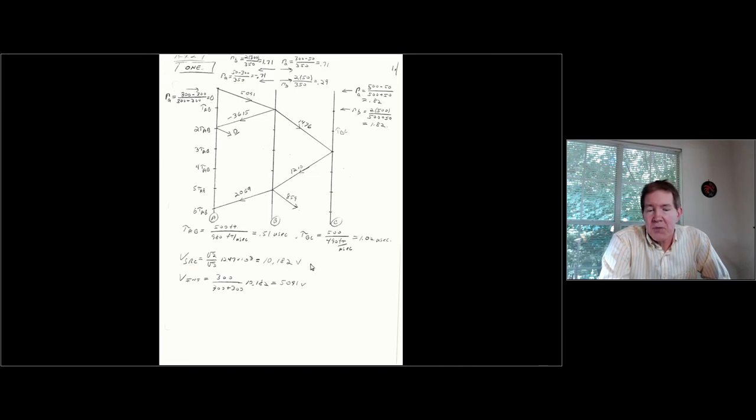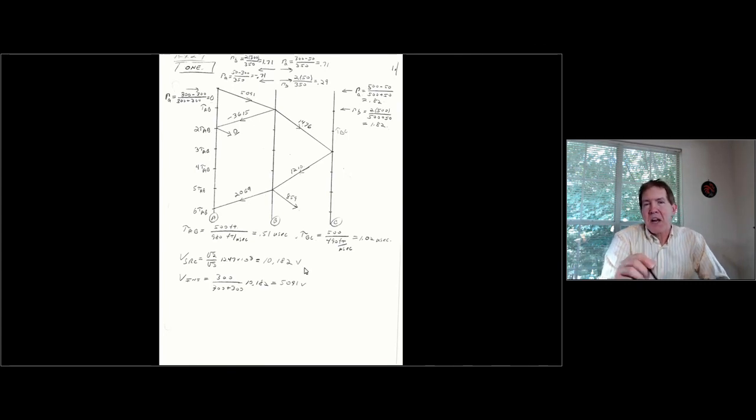The source voltage magnitude, if I have a 12.47 kV line to line: divide by square root of 3 to get line to neutral, multiply by square root of 2 to get that 0 to peak. So it's 10,182 volts. And what gets injected on the left side because of the pre-insertion resistor is 300 divided by 300 plus 300 times 10,182, which is half that voltage, 5,091.